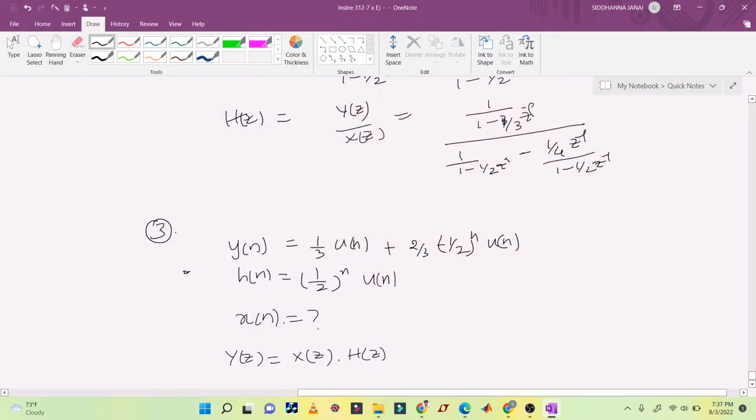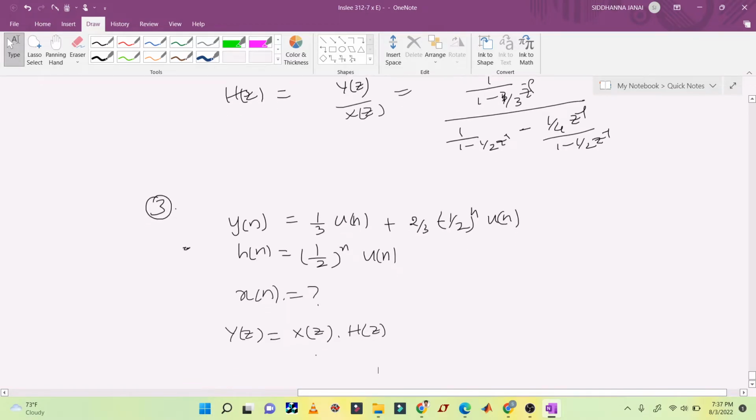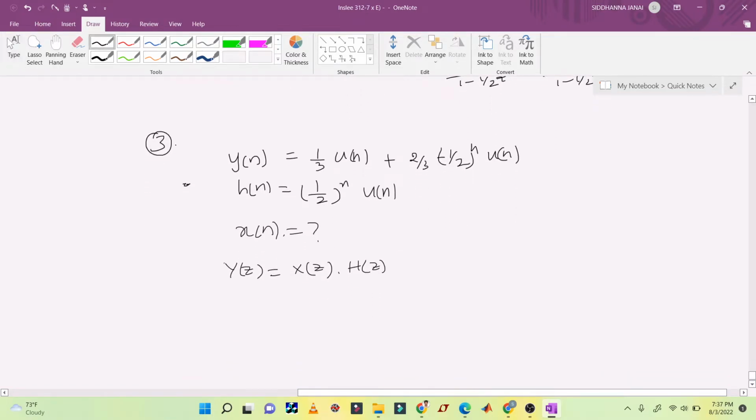So we need to find x of z, which is equal to y of z by h of z. And once we find x of z, we have to take the inverse z transform to get the input. Okay, so let us follow the same procedure here.